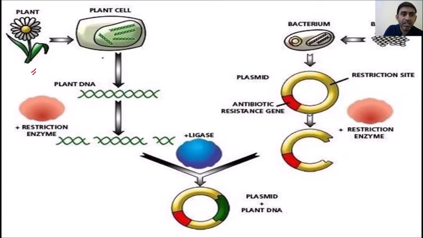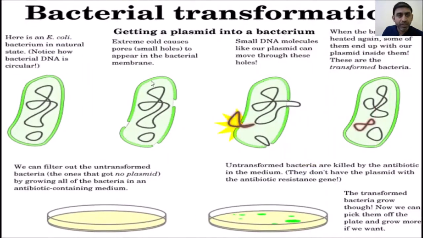So let us understand transformation. Here is the plant cell and plant DNA. A restriction enzyme is used to cut it and introduce it inside the plasmid. Here is the E. coli cell in its natural state. Notice how bacterial DNA is circular. This is circular bacterial DNA, and this is a plasmid.